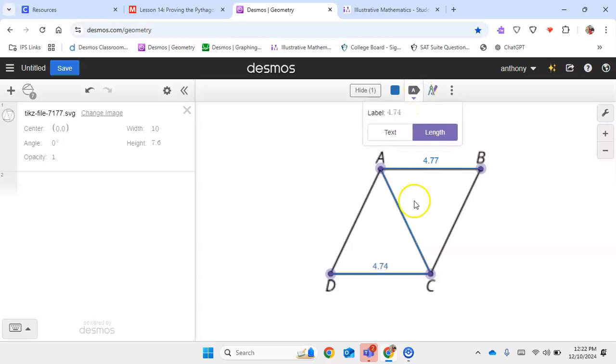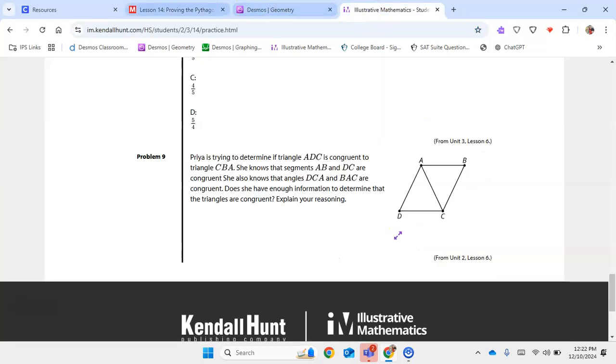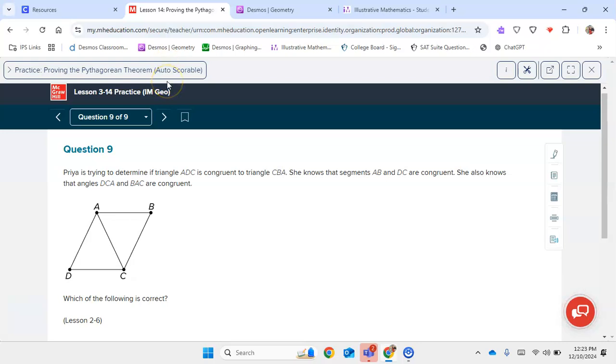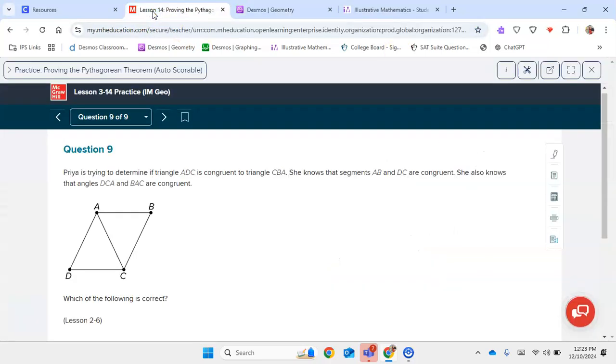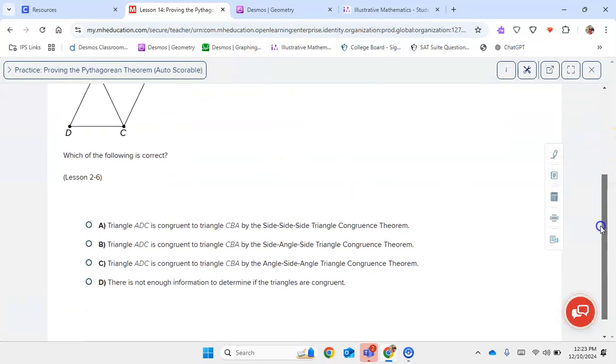They're very close. Angle DCA should be congruent to BAC. Is that what they say? BAC. Which of the following are correct?